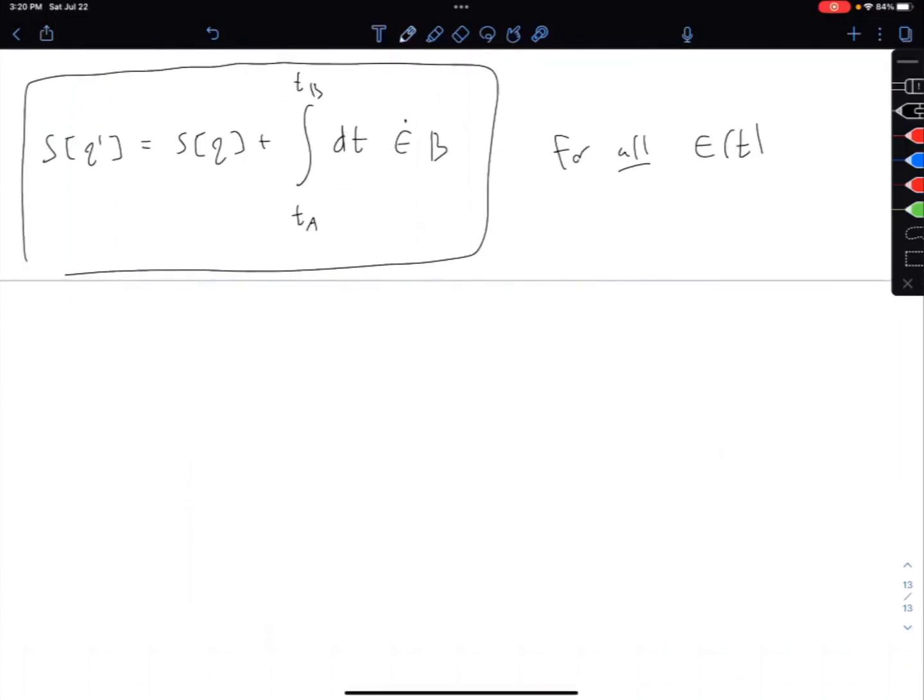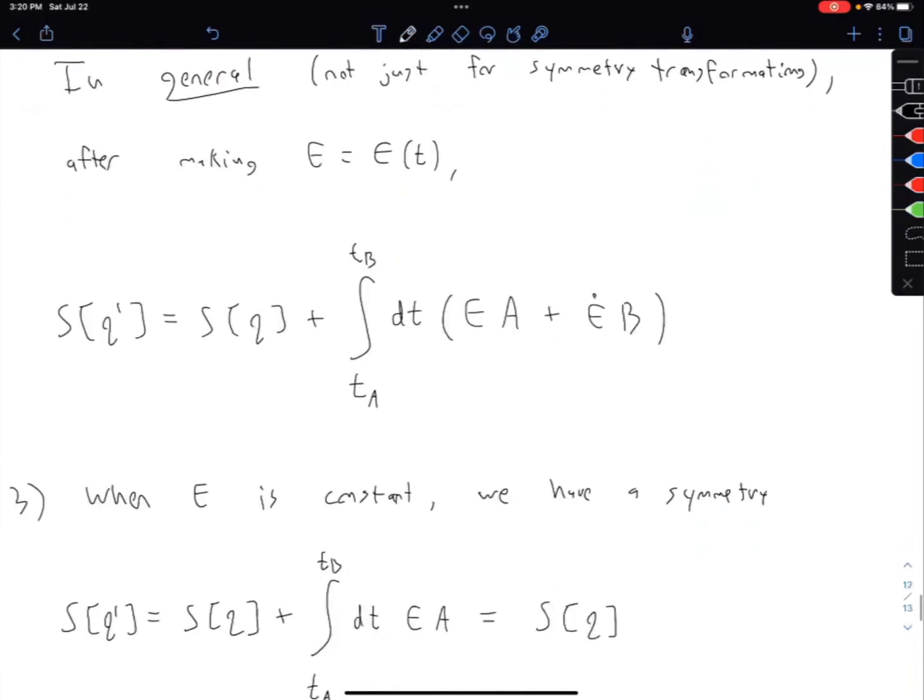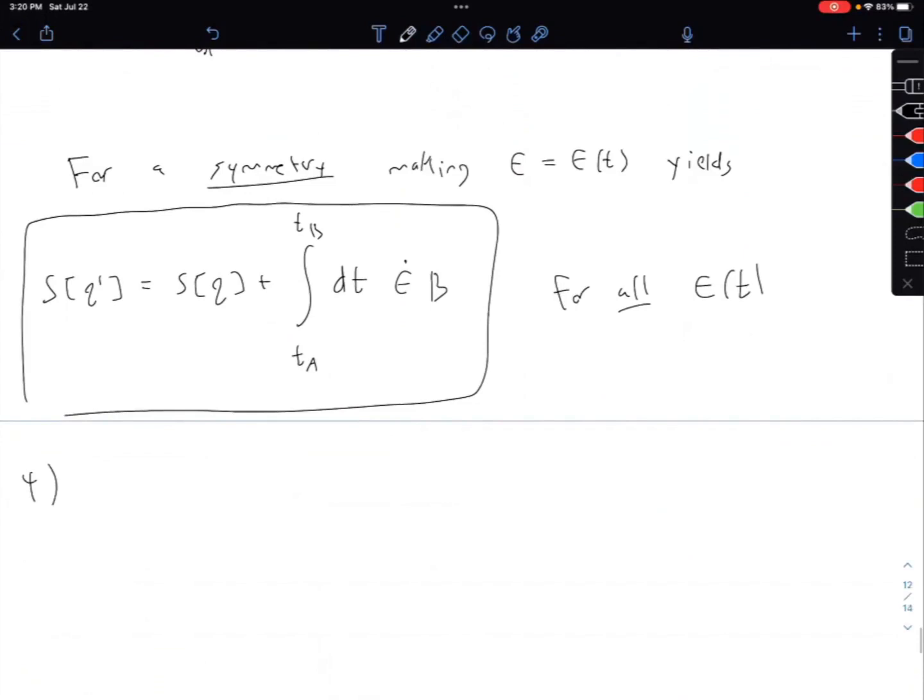Okay, so good. These are all good questions. So let's move ahead. So step 4. Make epsilon vanish at the bounds.